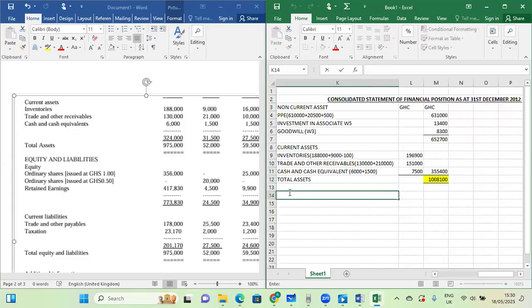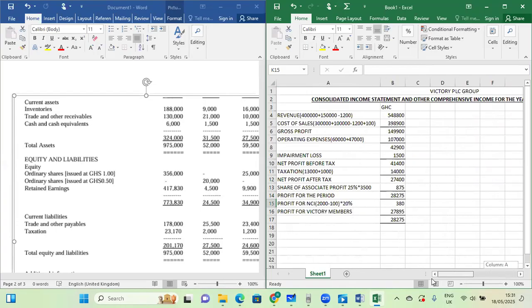Now let's go to equity and liability. Now you see what we just did. This thing wasn't having any finance cost. If there wasn't any finance cost, but there was a contingent liability, we would bring the finance cost here and then take it out because the finance cost will affect our profit.